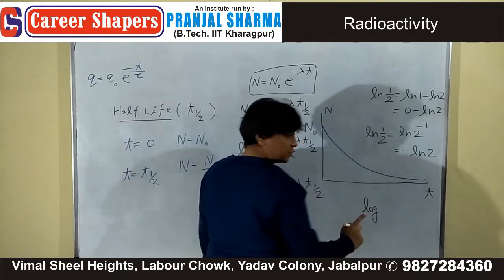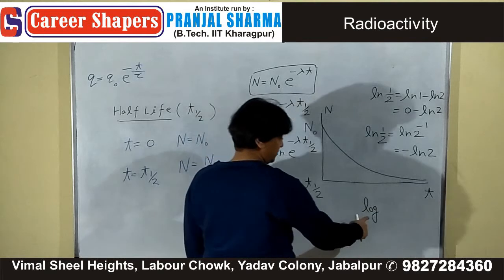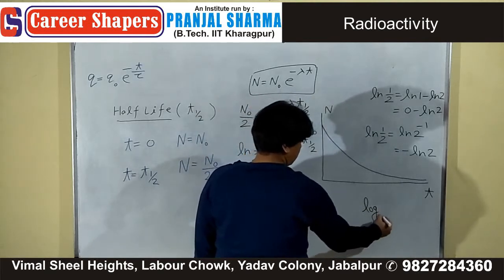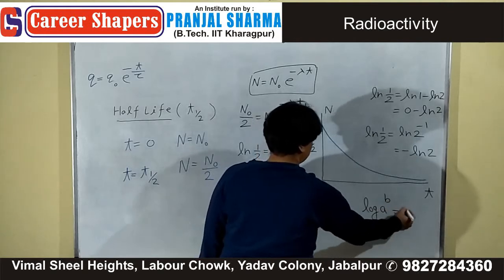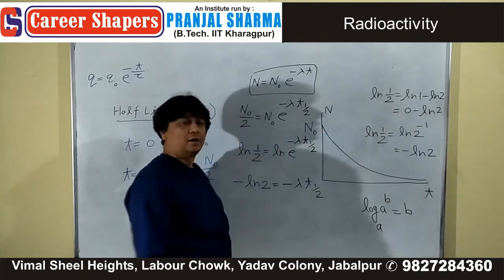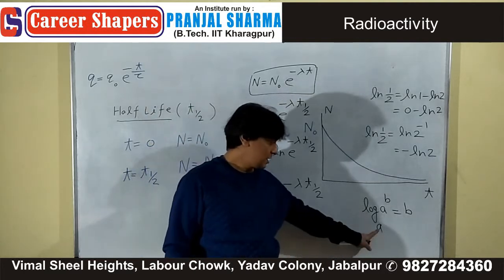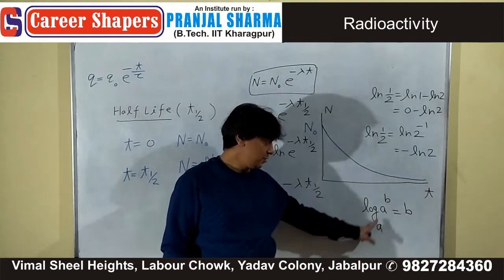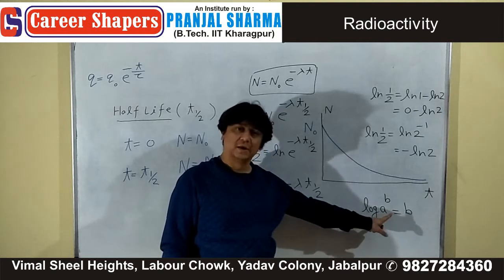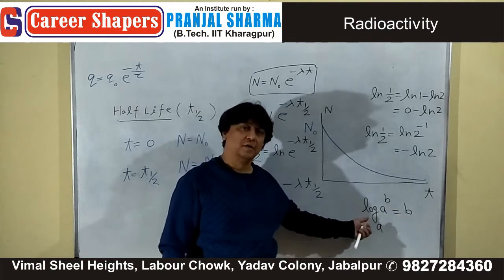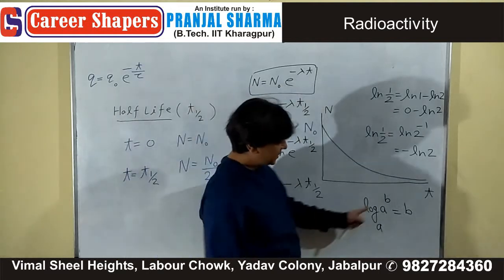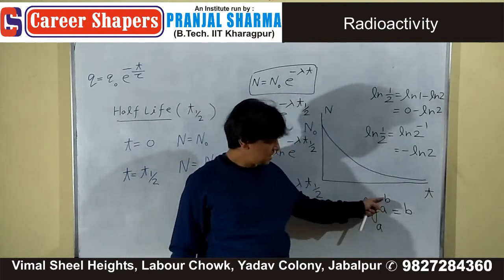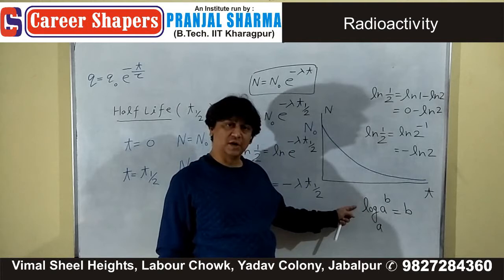There is a property of log which says that log of a to the power b on base a is b. It's nothing special. Those from maths, they know that. They are all elementary things. This b moves as a coefficient.